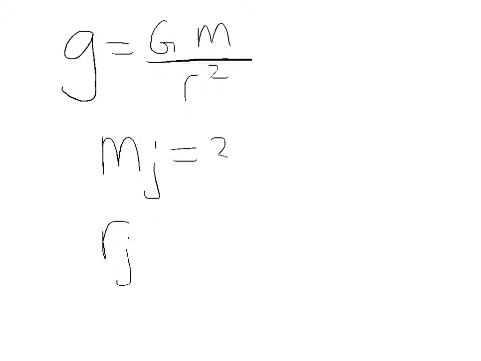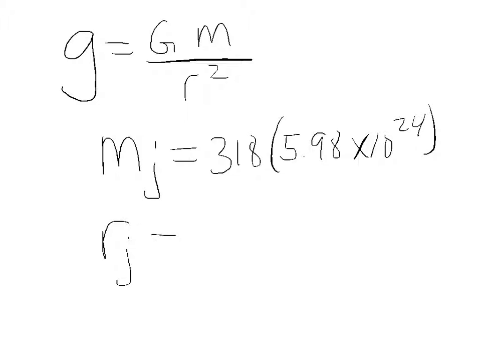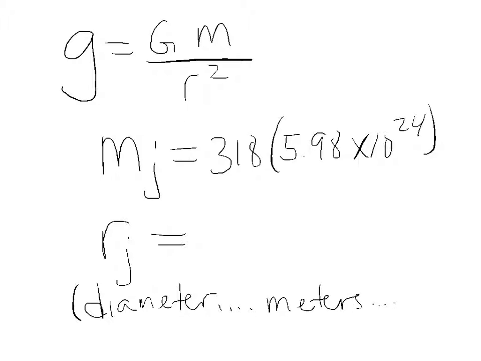So again, the mass of Jupiter is 318 times the mass of Earth, times 10 to the 24th. And the radius of Jupiter, you're going to find that by looking on your astronomical data sheet for equatorial diameter. And you need to make sure that you convert that number into meters and then divide by 2, because we're taking a diameter and making it a radius.